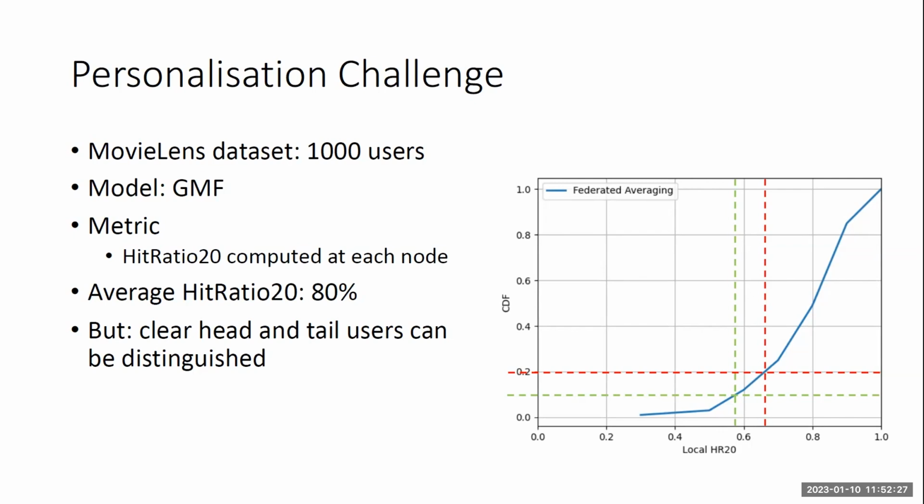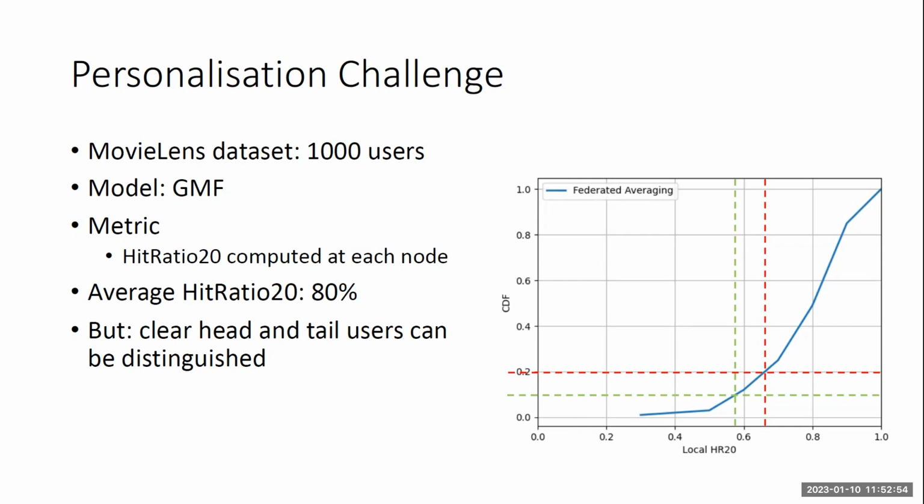But in practice, there are clearly head and tail users that can be distinguished. If you consider 20% of the users, we can observe that tail users do not have such good performance compared to head users, right?